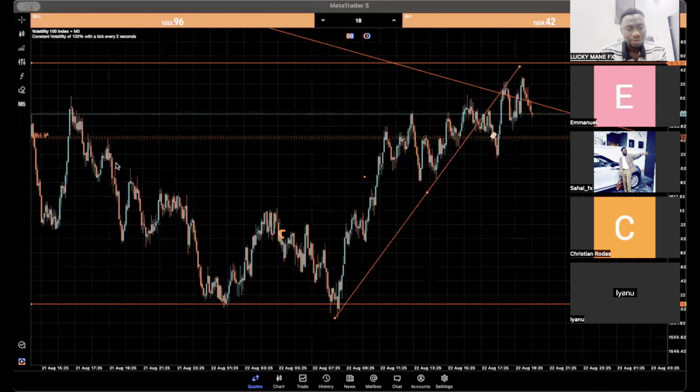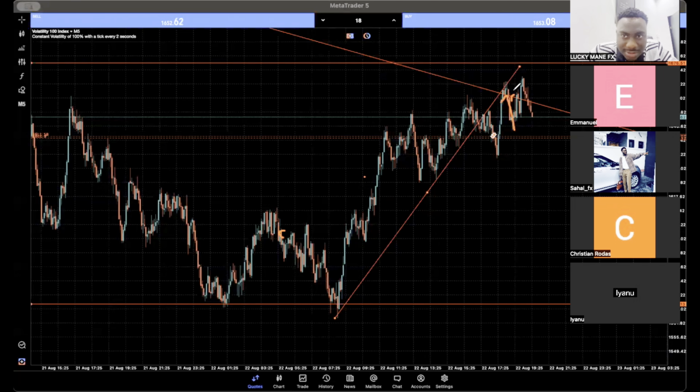So in this scenario, if the market hits here and starts selling down from here, that means it didn't meet the lower time frame trend line. So it's trying to hit the lower time frame trend line, which is what triggered it to be imperfect.